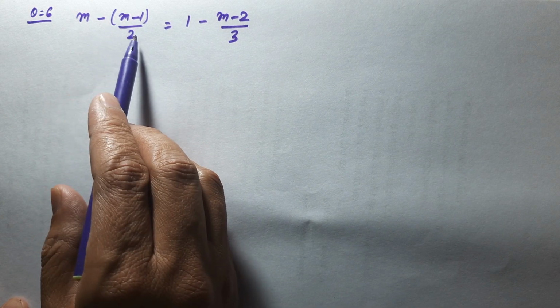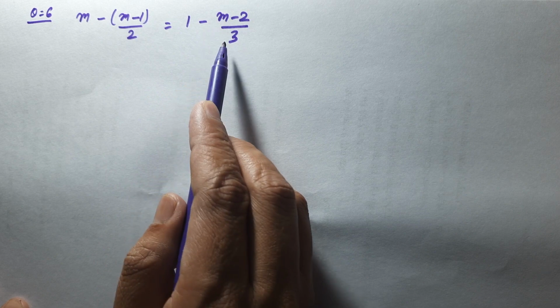But still I am solving exercise 2.5 question number 6 for you people, because many people will ask this question. It is a very easy and good question. m minus 1 upon 2 equals 1 minus (m minus 2) upon 3. Again, follow the same procedure. Transpose variables along the same side and constant terms along the one side.